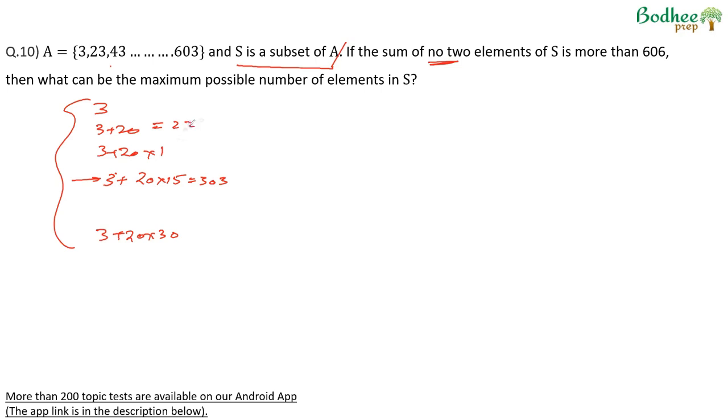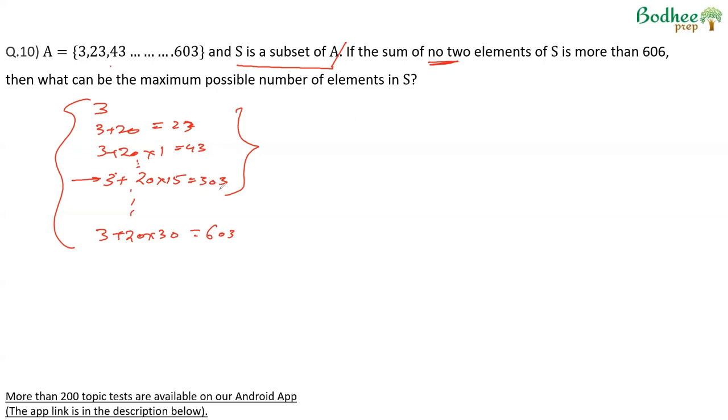Now, if we look at these terms, 303 added to anything that is greater than 303 will definitely cross 606. 303 added to anything that is less than 303 will be less than 606. And therefore, what we can do is take all the terms till 303. The sum of any two of these will be less than double of the highest term.